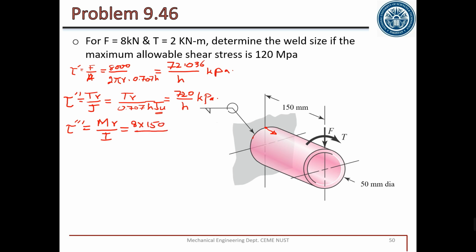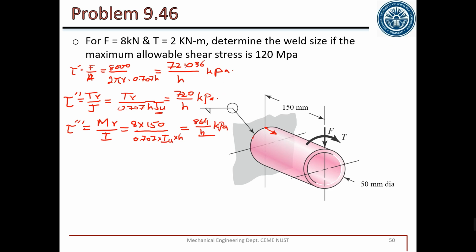Kilo and milli cancel, so we have the SI unit of 8 into 150 divided by I, which is 0.707 into IU from table 9-2 multiplied by H. I missed H. From table 9-2, the last figure is circular weld for bending. The value of IU in that table is pi r squared. So we have all the values. Substituting gives tertiary shear equal to 864 divided by H kPa.